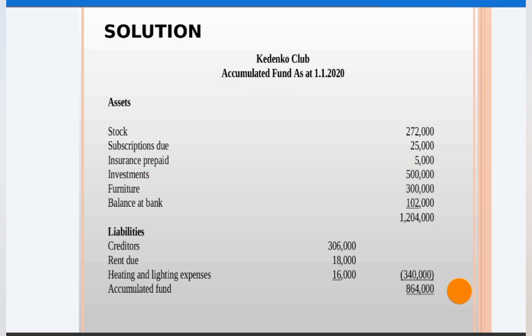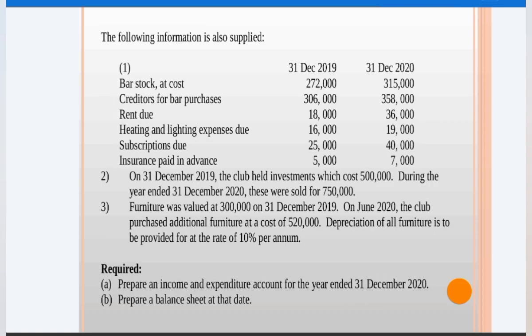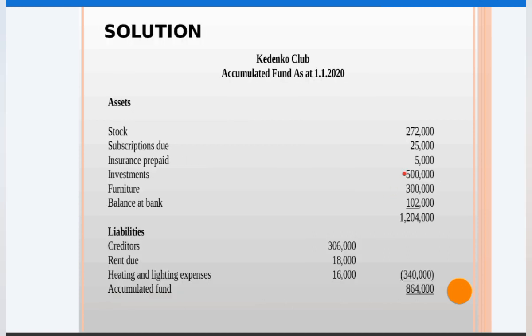Then we were told that at the start of the year we had investments of 500,000. So these investments at the start of the year, you can see the debt is 500,000. That is why we have this item of 500,000.